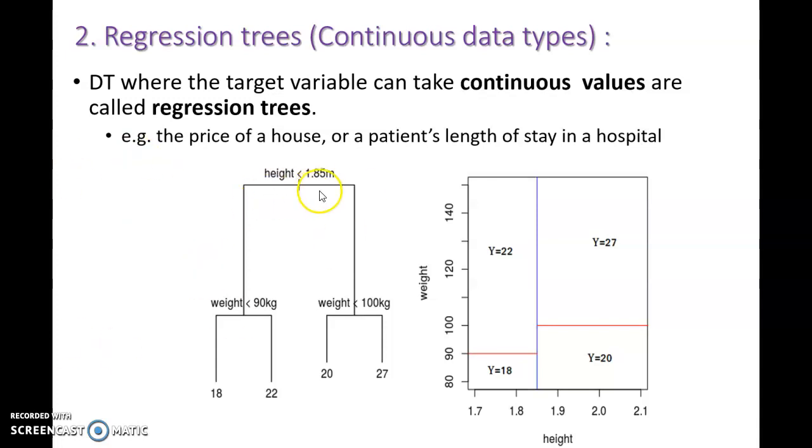Here again, if height is less than 1.85 meters and weight is less than 90 kg, then this is under 18, or weight is 18 or 22. But here again, weight is less than 100 kg. Here, height and weight are the dependent and independent variables.